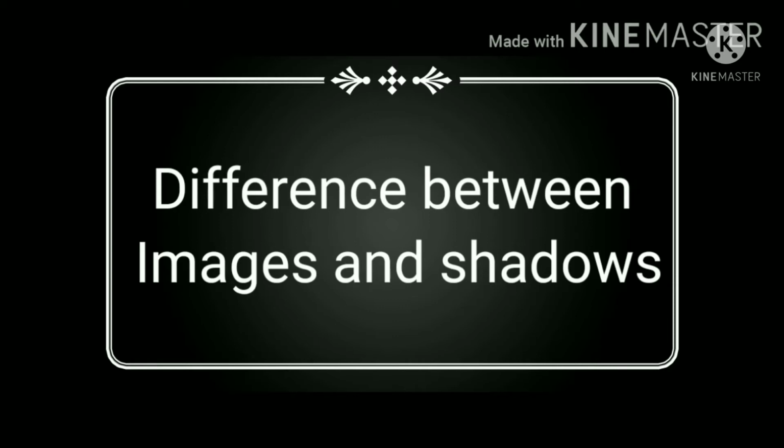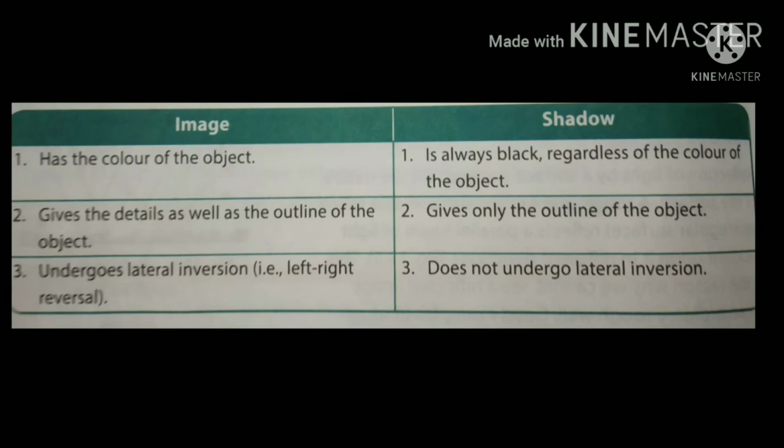Students, now let us learn the difference between the image and shadow. An image is different from a shadow. What are the differences? Let us see now. Image has the color of the object. What about shadow? Shadow is always black regardless of the color of the object.